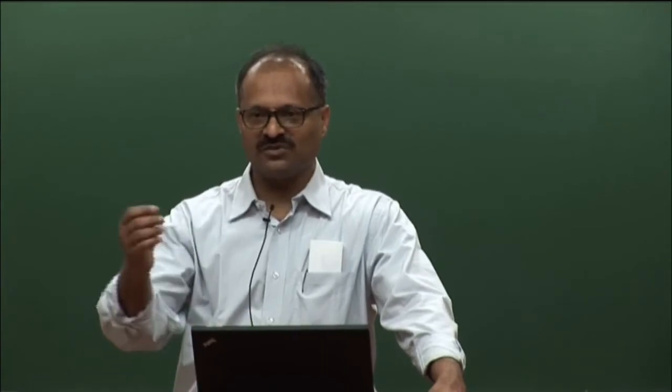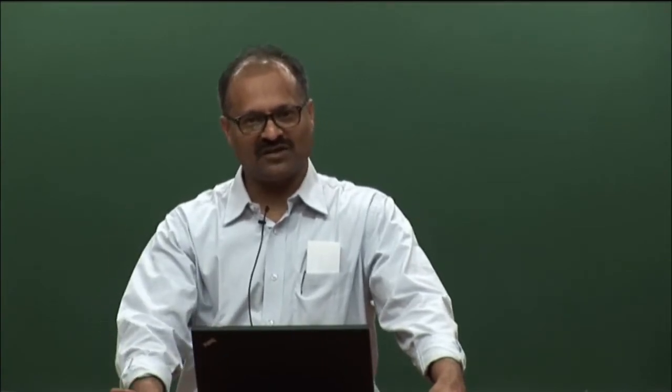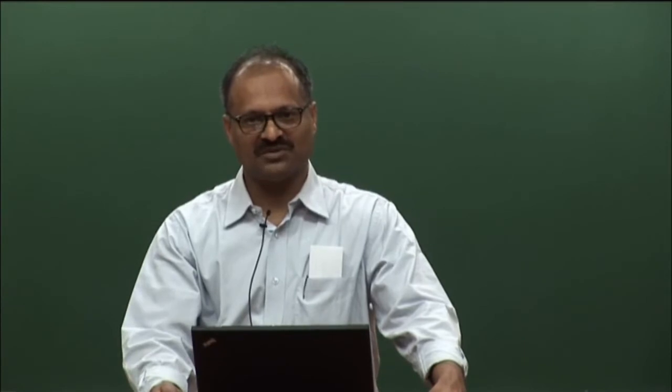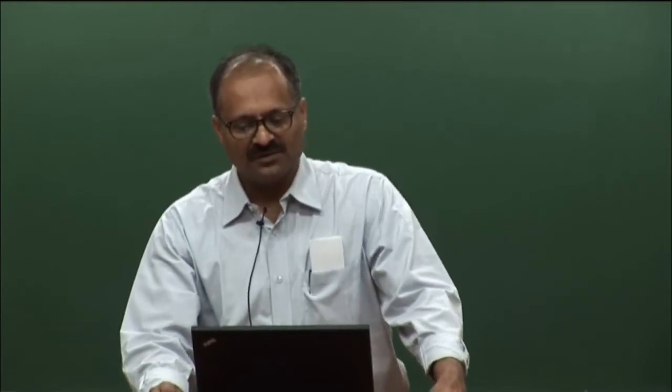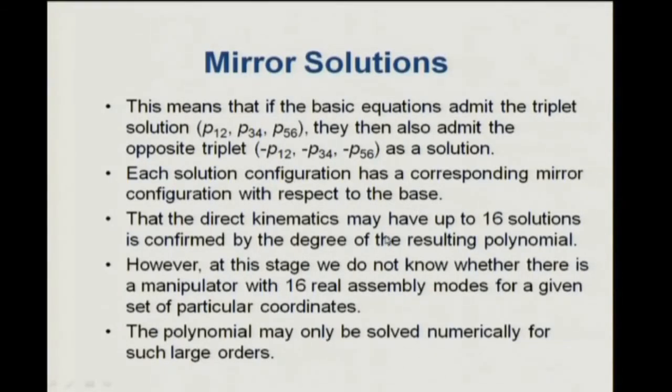So if you have 6 points, you need not have them in a plane, so then you may not have the symmetry. So each solution, each configuration has a corresponding mirror configuration with respect to the base, but you can see that if the symmetry goes away, immediately you can have at least 16 solutions for the direct kinematics of the parallel manipulator. So if you just manage to take the symmetry away, then you will at least have 16 solutions.